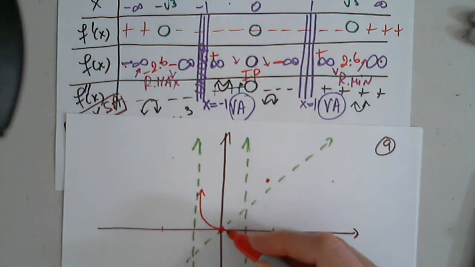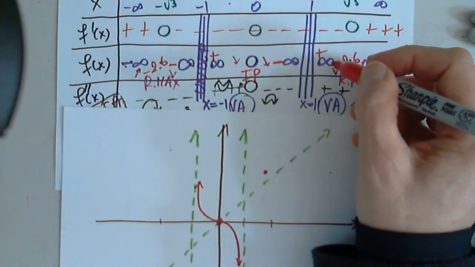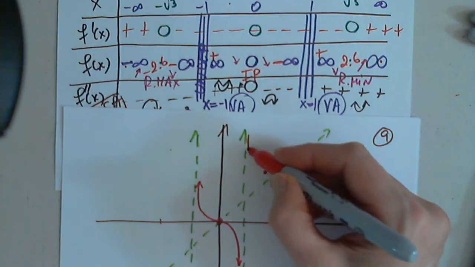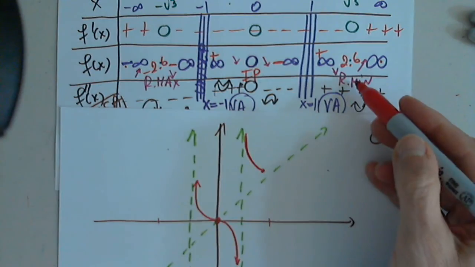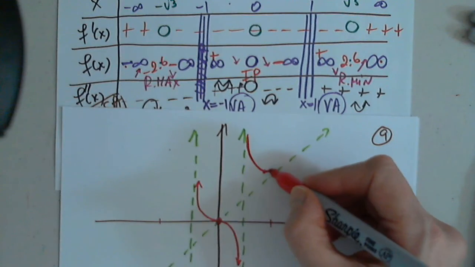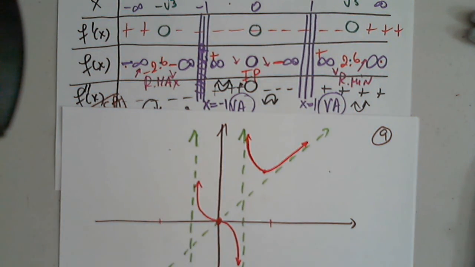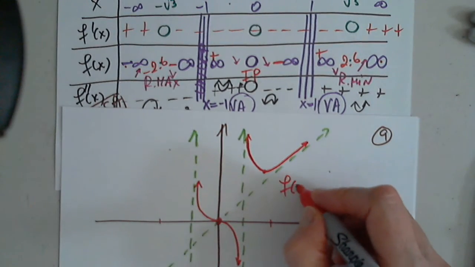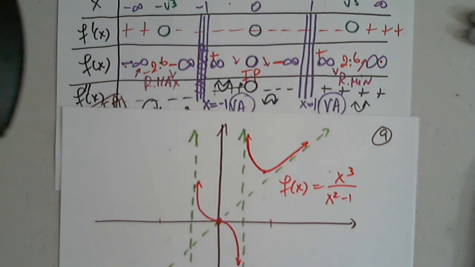Opening downward towards -infinity. On the other side, it's coming from +infinity. It comes to a relative minimum, and then it approaches infinity, going closer and closer to the slant asymptote. So this is the function x to the third over x squared minus 1.